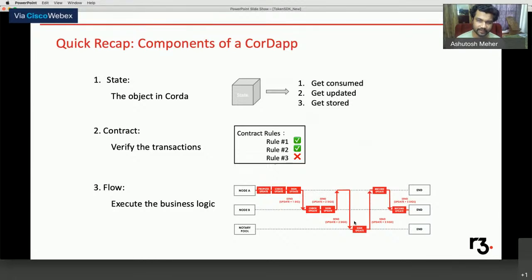This evolution is actually governed by something called a contract. Let's say I have a vehicle, I can't just change the ownership of the vehicle to someone else unless I go through and verify certain business validations.